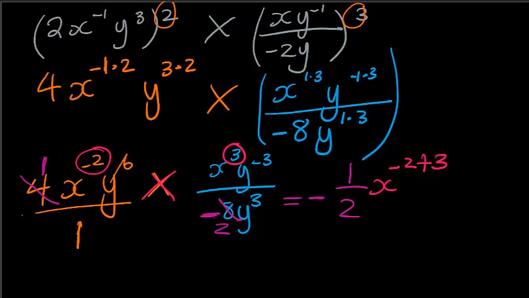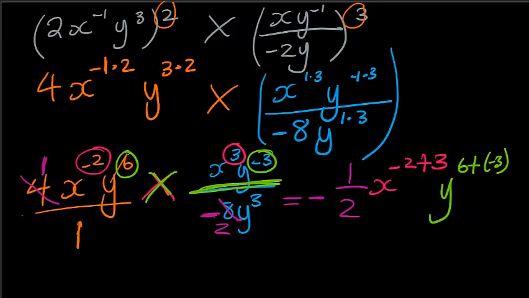Then let's do our y's. Y is going to be 6. I multiply, so I add minus 3. And then I divide, so I subtract 3. And now I simplify. I've taken care of everything. Coefficients, signs, x's, y's, everything are done. So before we get to the final answer, let's simplify.